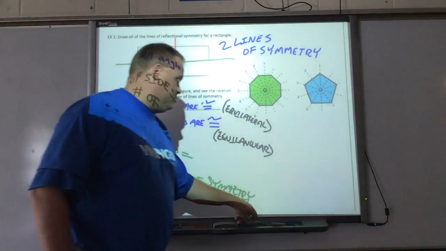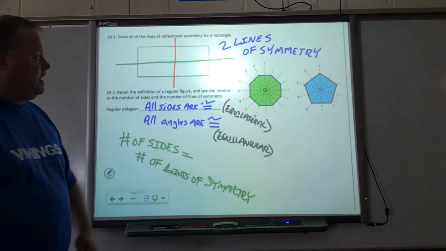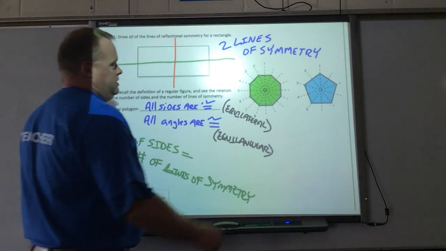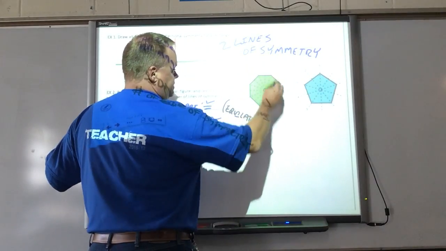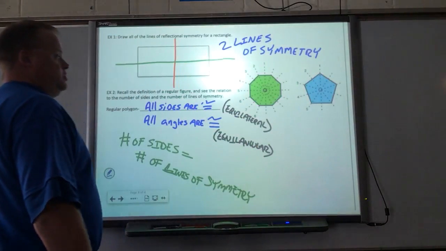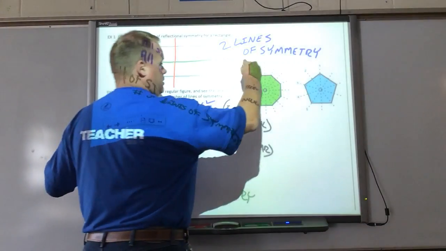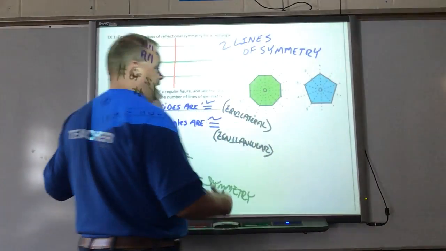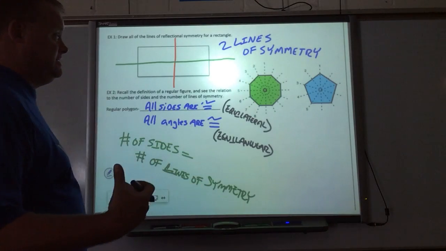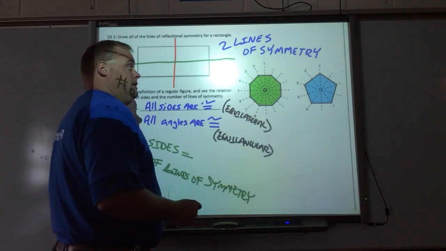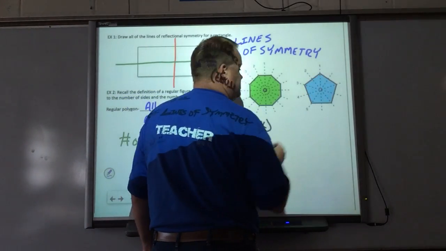And I've got two examples here for you to take a look at. I have an octagon which has 8 sides, and as you can see there are 8 sets of dash lines going through the octagon. Once it has 8 sides, you can count up all these diagonals and it would also have 8 lines of symmetry. The next one over here in blue is a pentagon because it has 5 sides.